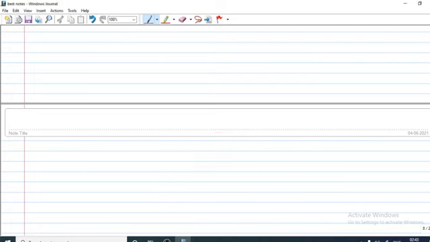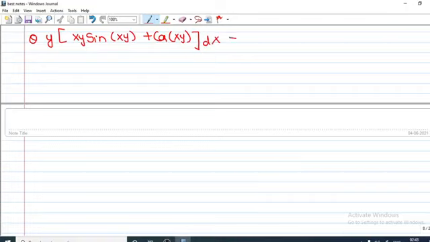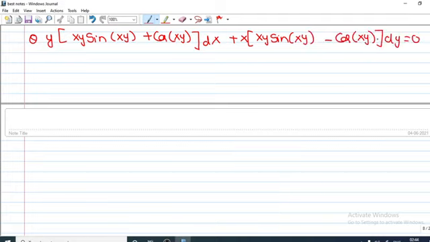The question says, this question should be y(xy sin xy plus cos xy) dx plus x(xy sin xy minus cos xy) dy should be equal to 0. This is your required thing.